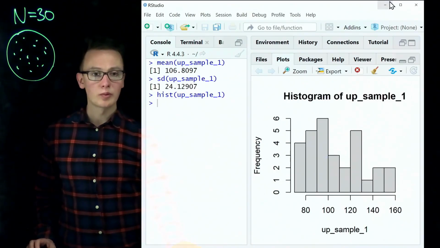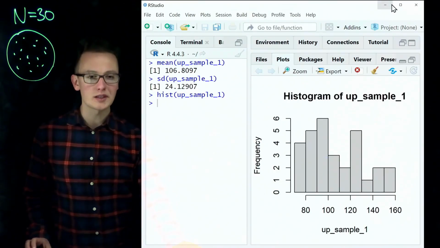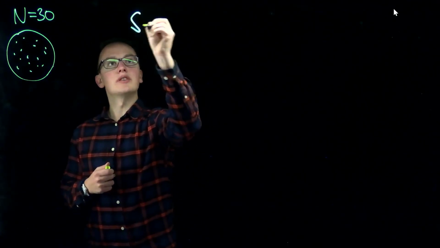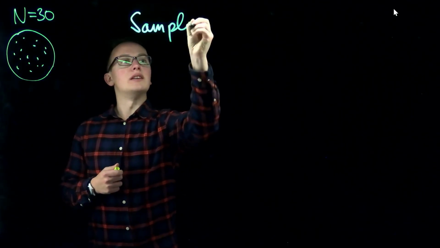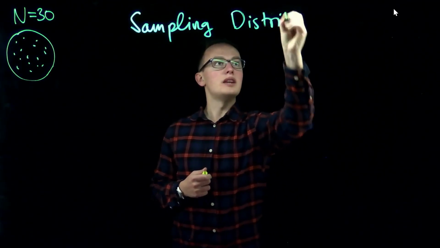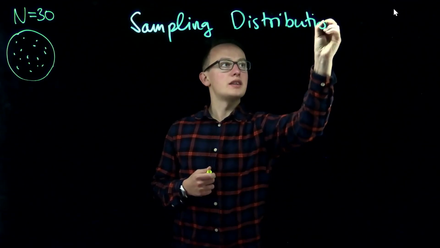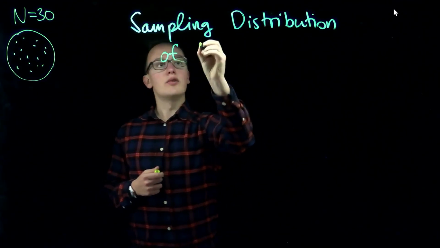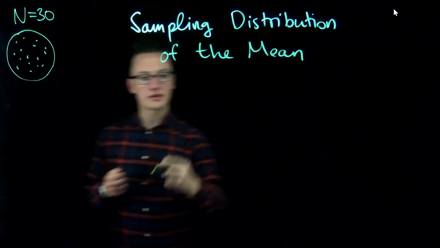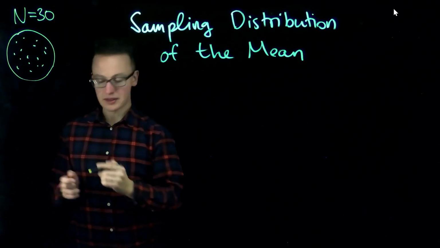In order to perform this statistical test, a key concept that we will need is the so-called sampling distribution of the mean. The sampling distribution of the mean basically describes the idea that we are repeatedly sampling again and again from the same population of interest.